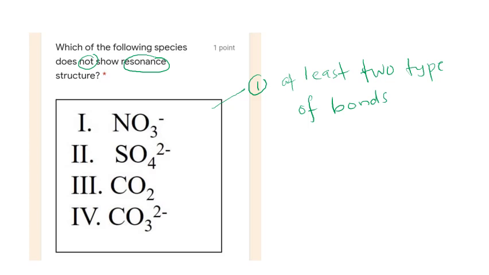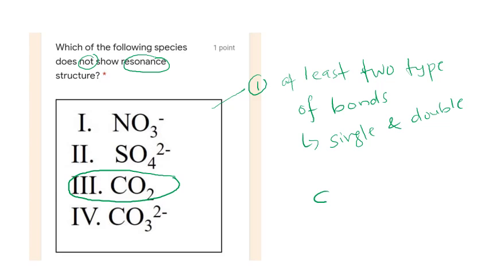For example, between single and double bond. So the compound has at least one single bond, and the rest can be double bond. Or the other way, one double bond, and the rest single bond. For carbon dioxide, when we draw the Lewis structure, both carbon and oxygen are bonded by double bonds. So that's why carbon dioxide does not show resonance structure.